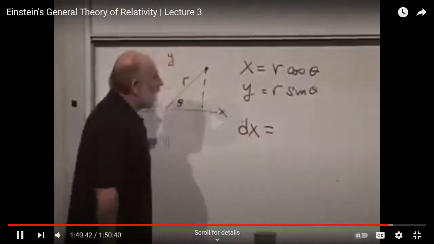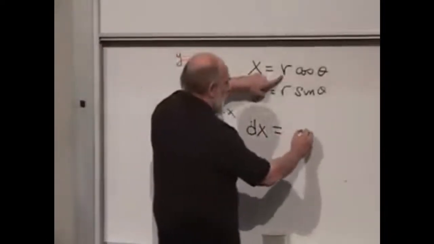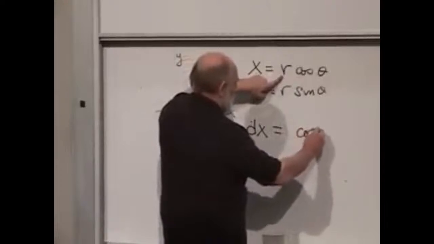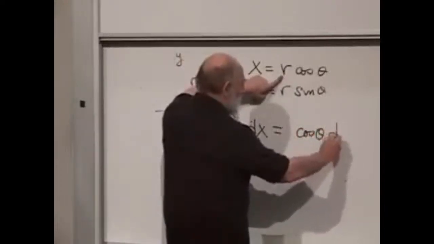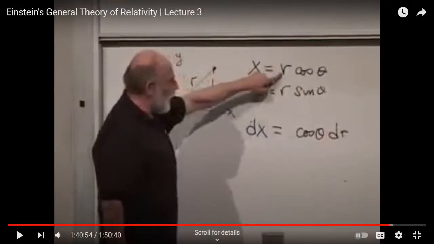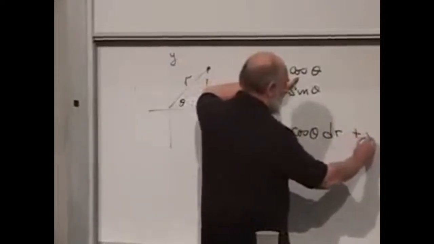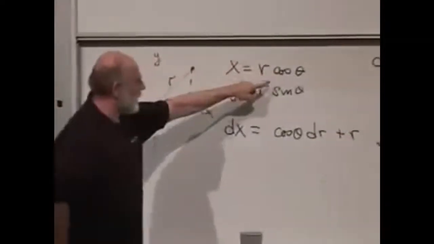The partial derivative of x with respect to r is cosine theta, times dr, plus the partial of x with respect to theta. What's the partial of x with respect to theta?